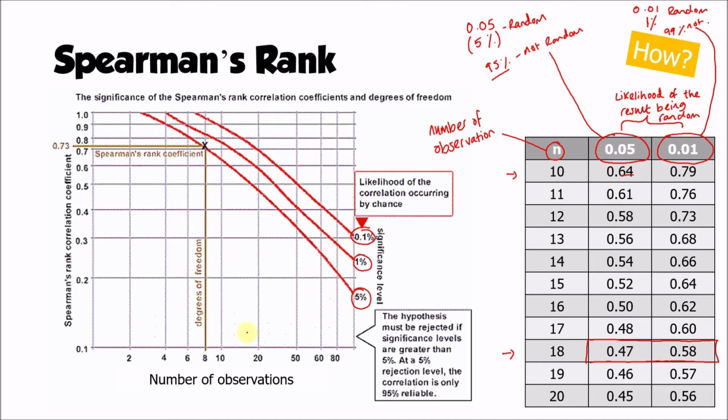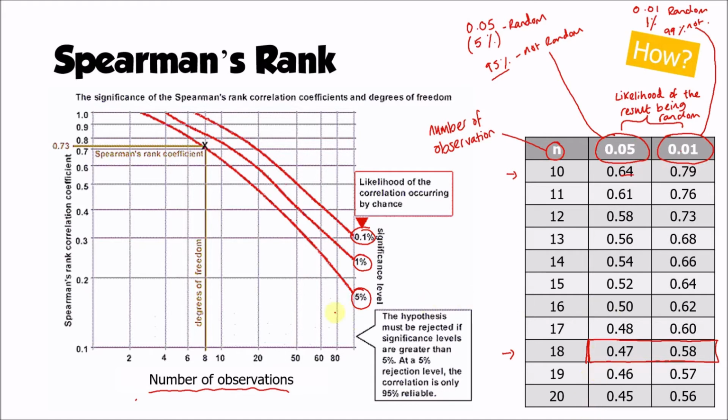And also, the more observations that you make, the lower that bar gets. You'll notice this as well as we go down this list: 0.64, 0.61, 0.54, all the way down to 0.45. The number of observations you make will determine how high your bar will be. This stands to reason, doesn't it? If you just measured 10 things and you found a pattern, there's more chance that it's random than if you measured 20 things or 100 things and you still found the same pattern.